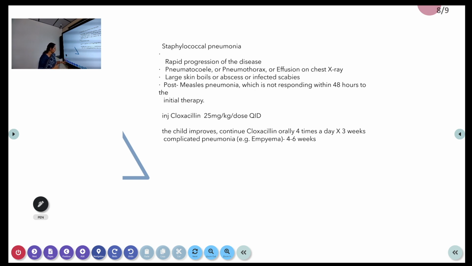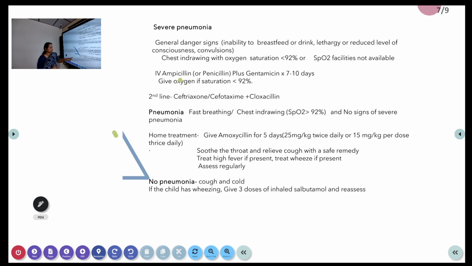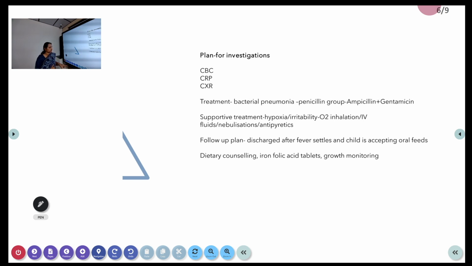So once the child recovers from pneumonia, what do we do? You call him back and monitor the patient. You have to monitor his growth and give him energy dense feeding.